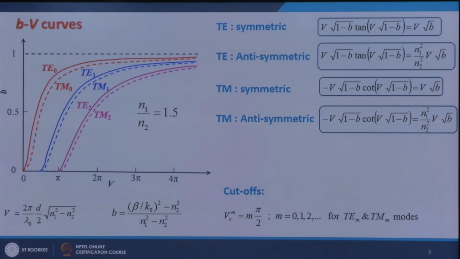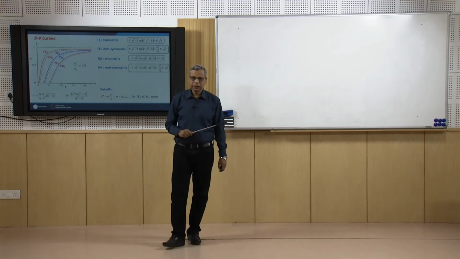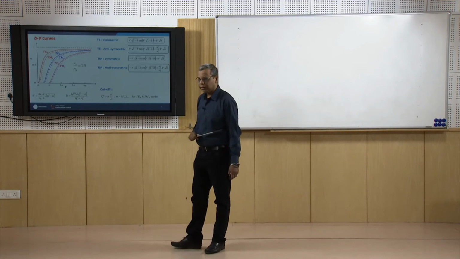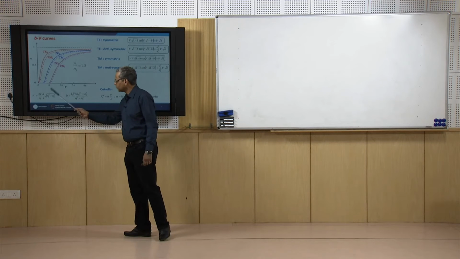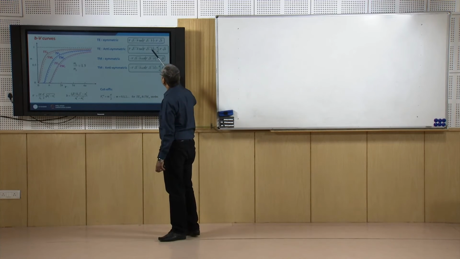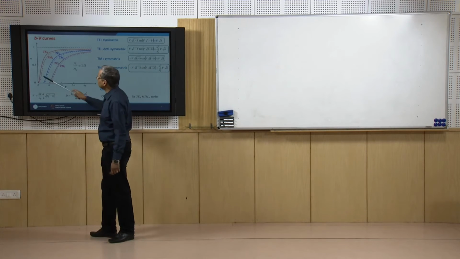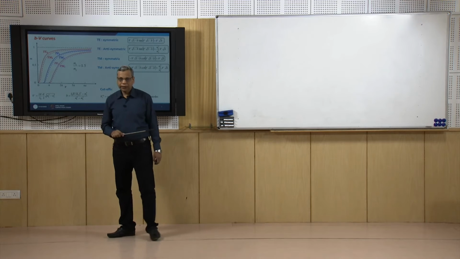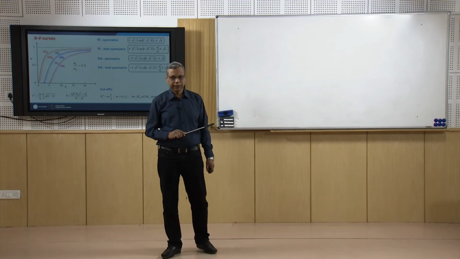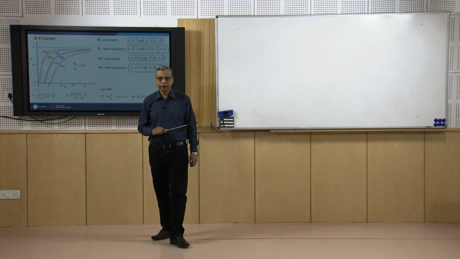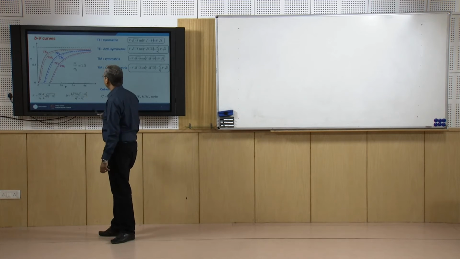So, I can now translate the transcendental equations corresponding to TE and TM symmetric and antisymmetric modes into these normalized parameters like this, and then I can solve these equations to generate these curves. The advantage of generating these curves is that these curves are universal.